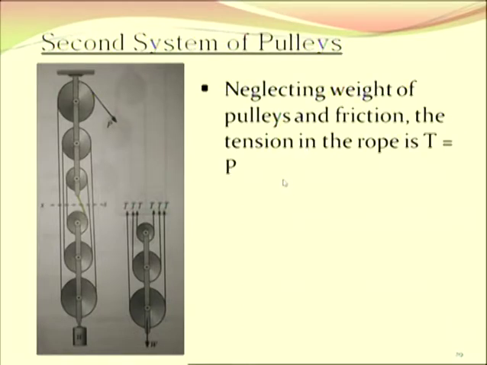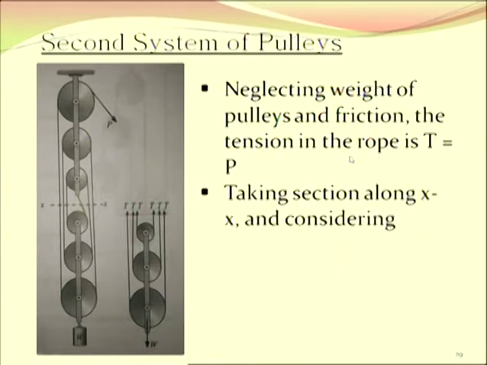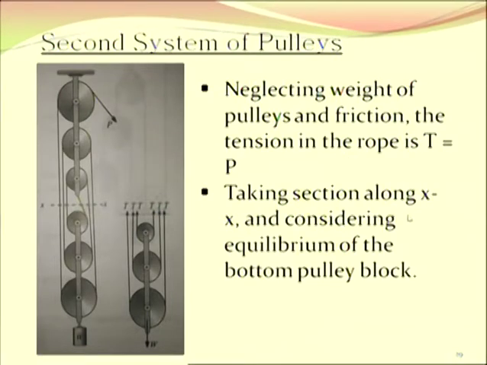Neglecting the weight of the pulleys and friction, the tension in the rope is T equals effort P. Here a single rope is wrapped around all the pulleys, so whatever force is induced in the rope is constant, and that is effort P. Now taking a section along the X-axis and considering equilibrium of the bottom pulley block.